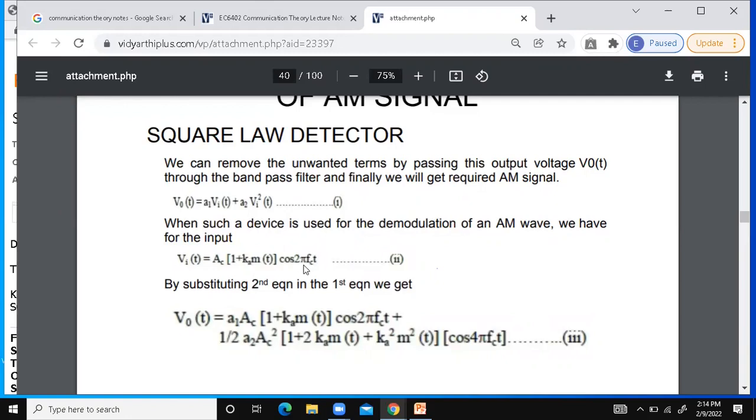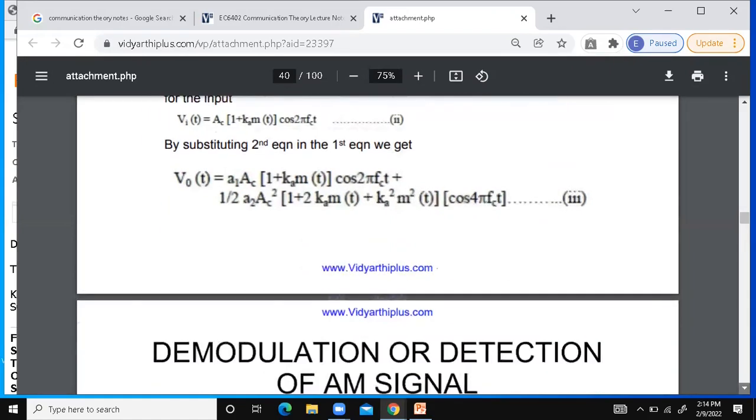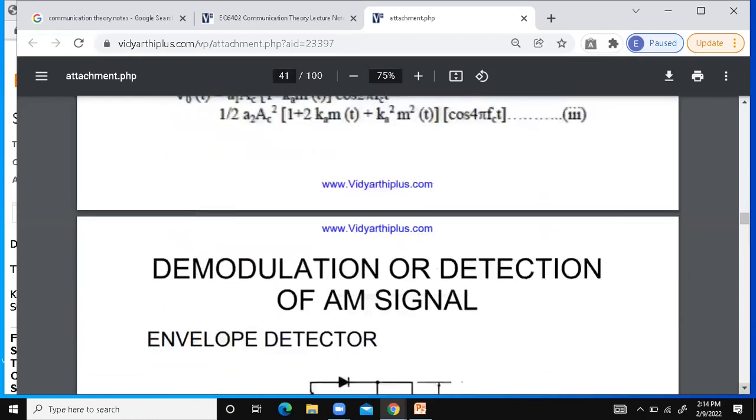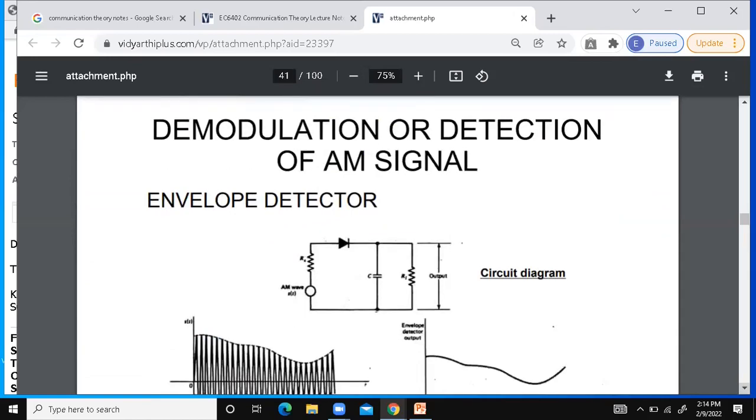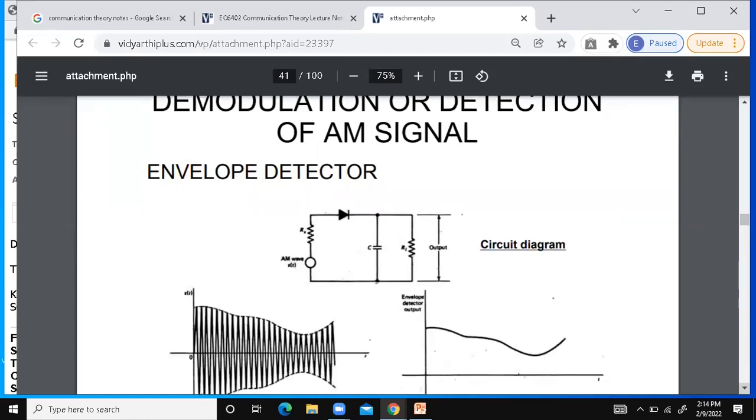If you substitute this into this as before, we end up with this. So this is your demodulator.